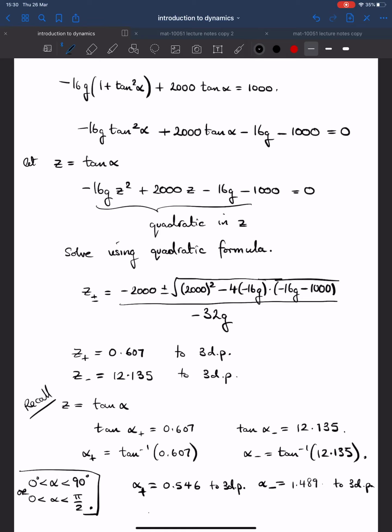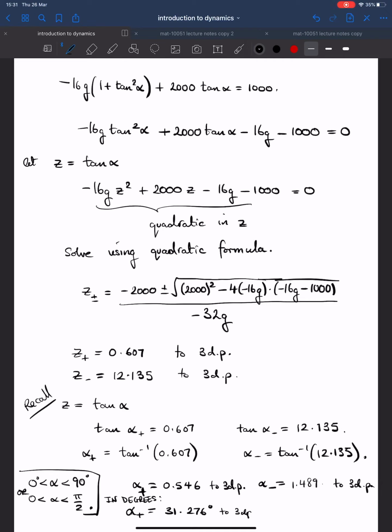So finally, if you want this in degrees, just to get a feel for what this really is, alpha plus, I should divide by 2 pi and multiply by 360. This one's 31.276 degrees to 3 decimal places.